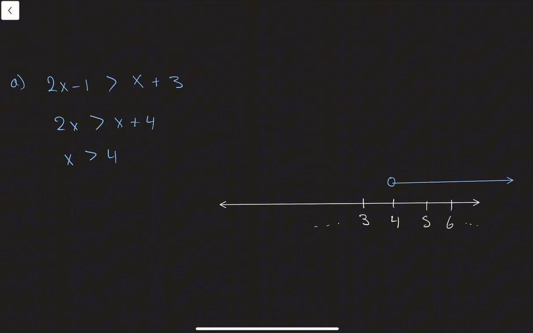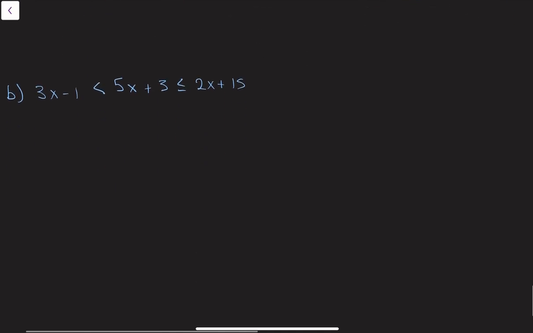In interval notation, we write this as open bracket, since we got an open circle, no equal sign under, and then we go 4 to infinity, open bracket. And that's our solution. So this is the interval form, this is the graph, and we have our solution, our inequality.